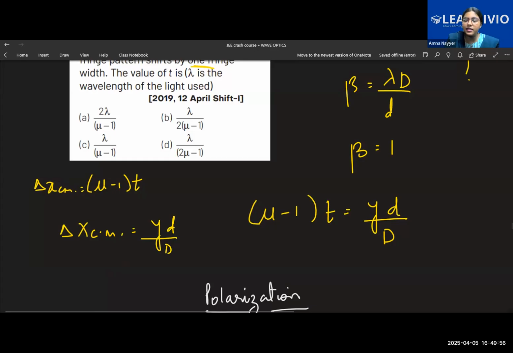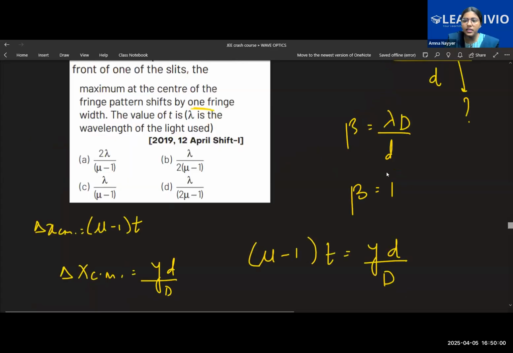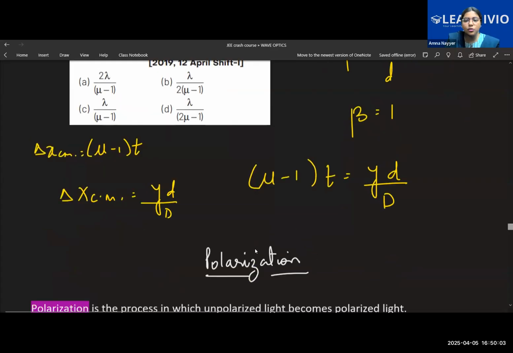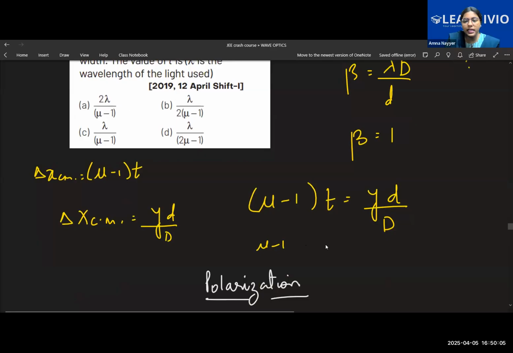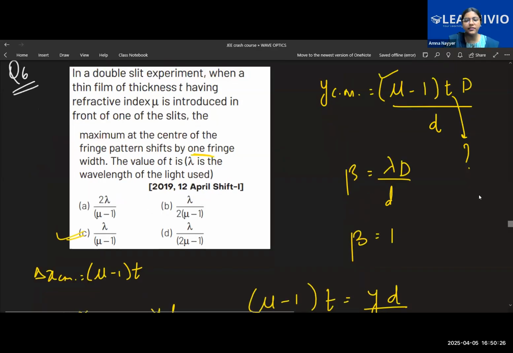This whole is equal to the wavelength. So (mu minus 1) into t is equal to lambda, so thickness will be lambda divided by (mu minus 1). Third option. Got this question? Yes, ma'am. Write it. Then we'll start with polarization.